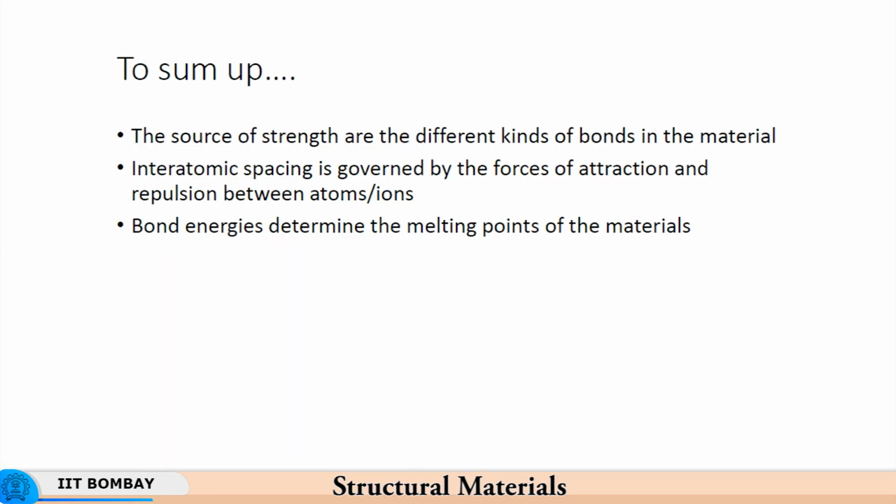And so I have this interatomic spacing leading to an equilibrium position of the atoms, and when I try to apply force on this aggregate, these atoms either try to come together or get pulled apart depending on whether it is tension or compression being applied.